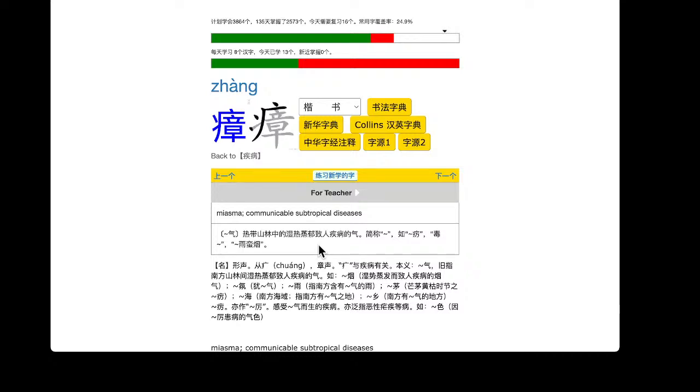Before they knew that there were little microorganisms that could fly in the air, basically. They thought that the air itself was bad air. There's certain environments that are more conducive to the propagation of these disease-causing microorganisms and such.